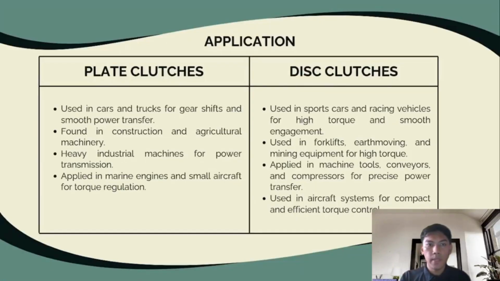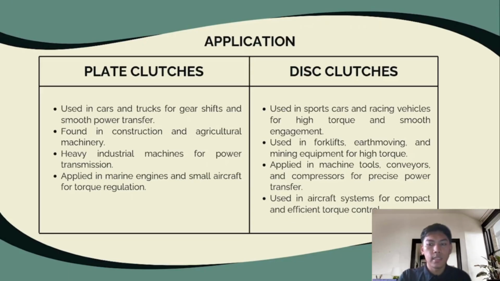Next, we go to the applications of a plate and disc clutch. Okay, the plate clutch is used in the automotive system. First, it is used in cars and trucks for gear shifting and smooth power transfer. Next, it is used in heavy machinery found in construction and agricultural machinery.